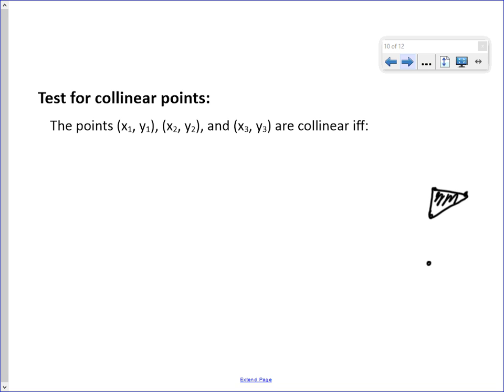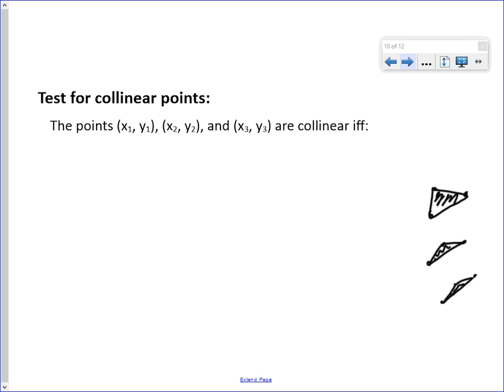And what happens as those 3 points in space get closer and closer to being collinear? What's happening to my area as I'm shrinking that one point in? Yeah, they're getting closer and closer to being collinear. What's happening to the area? It's getting smaller and smaller.